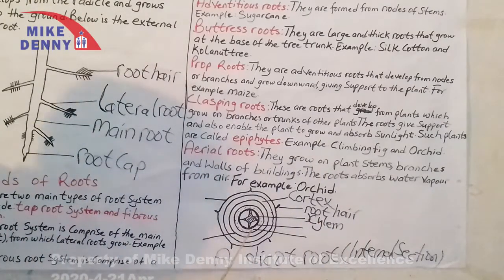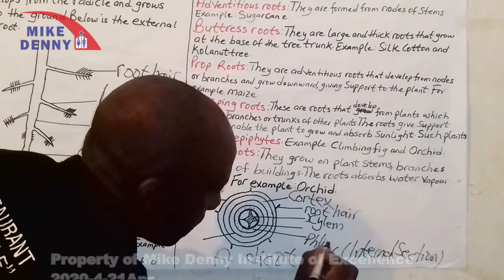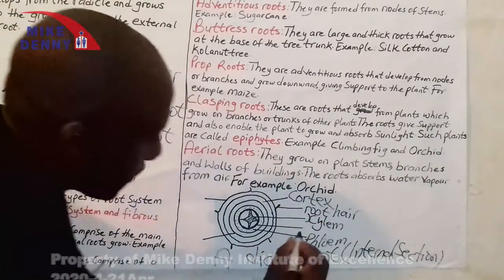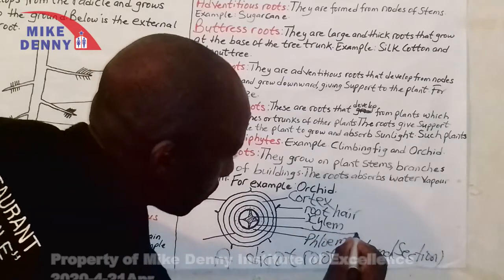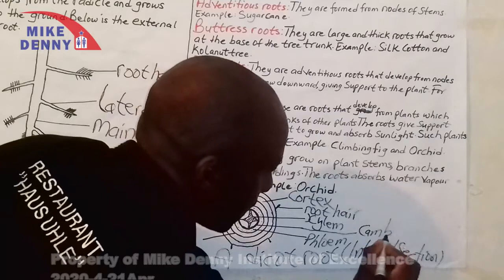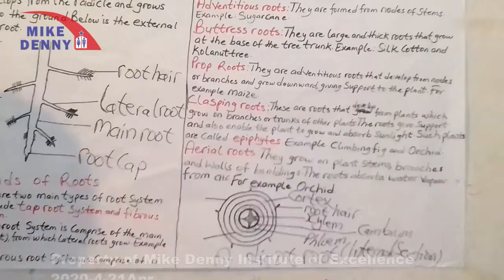Then the one that is external, that indicates food store here, we call it phloem. Then the one in the middle, that separates the two, we call it cambium.